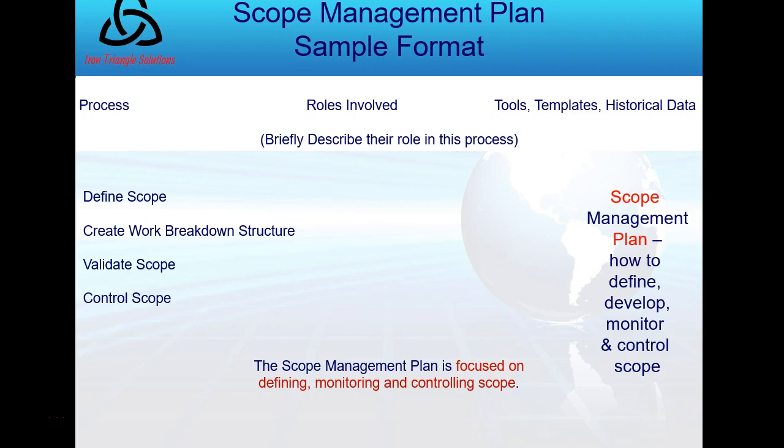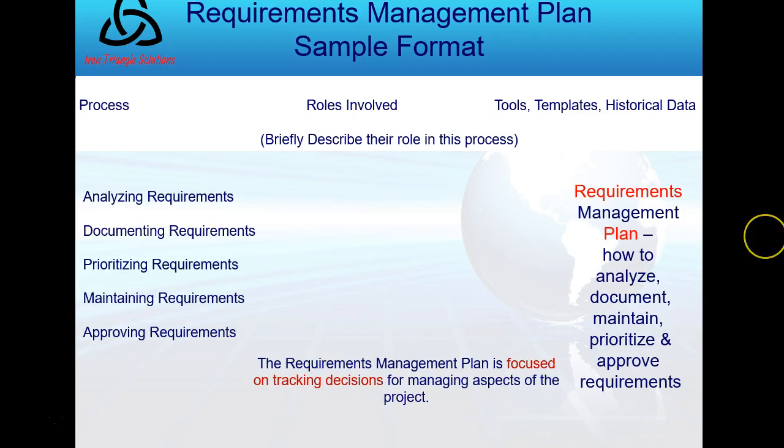The bottom line is, you see at the very bottom of the slide, the scope management plan is focused on defining and controlling the scope, as opposed to a requirements management plan, which again will have the processes listed that involve requirements management, the roles and responsibilities and templates, historical data and tools. Those aren't different. What is different is this time it's about analyzing, documenting, and prioritizing requirements.